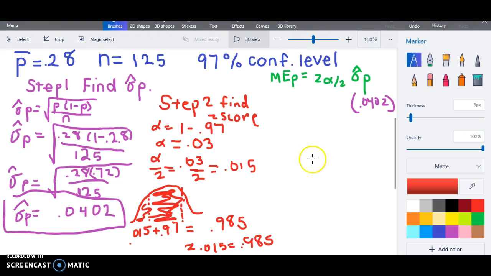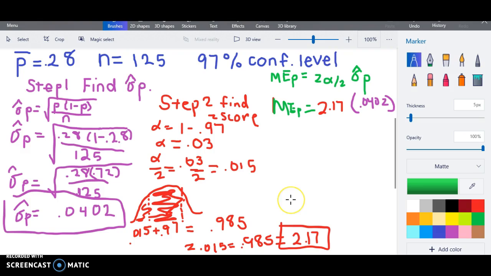So now we know that our z-value is equal to 2.17. So now we have both of the numbers that we need to calculate the margin of error for the proportion.